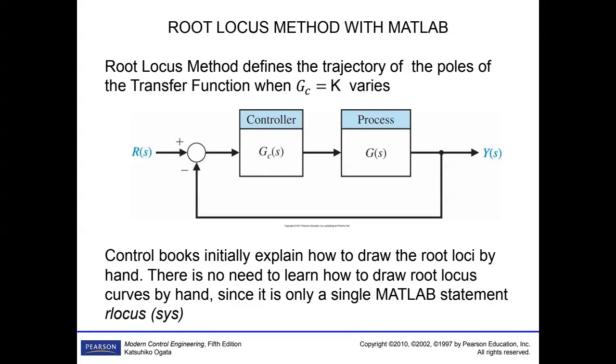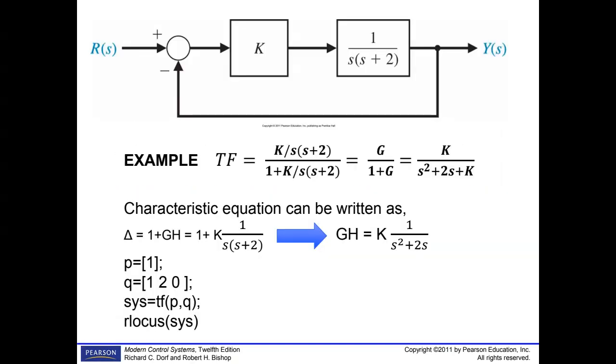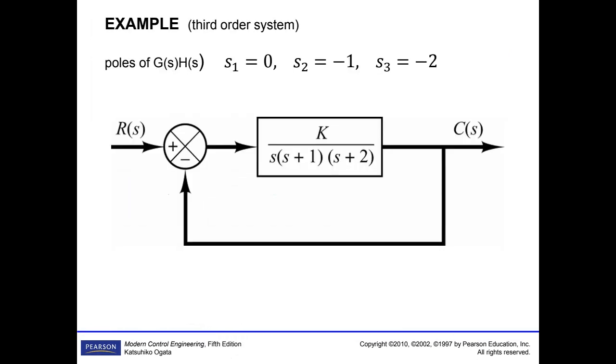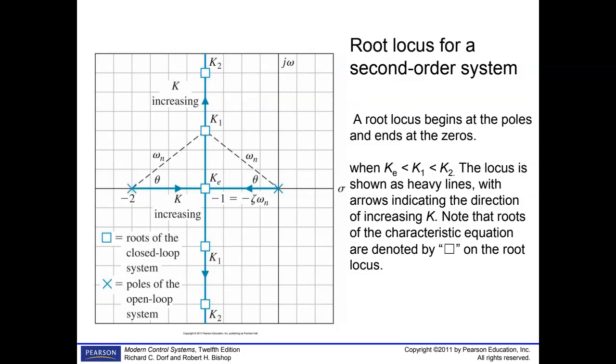For example, this is a second order system. As you see, it's always stable. One pole is here, the other is here. These two poles are constituted, and when you increase the K, you are going to obtain the roots located here. However, for this one, we have three poles.